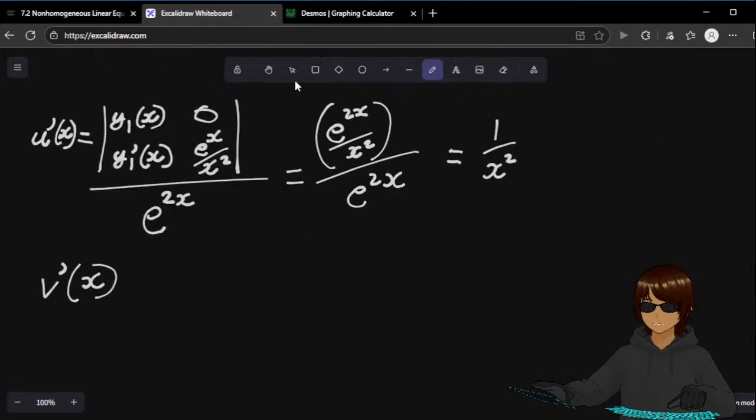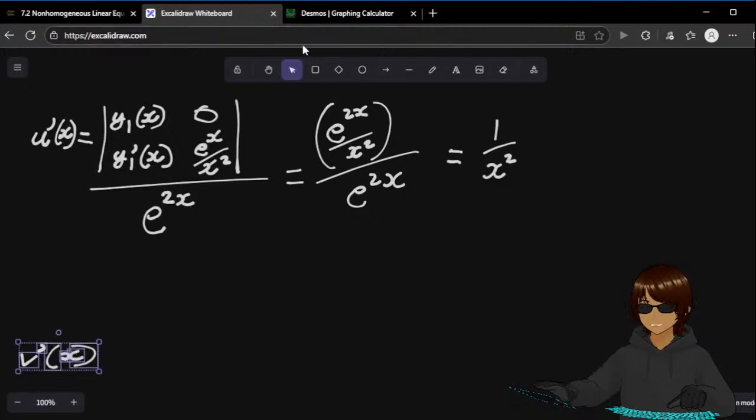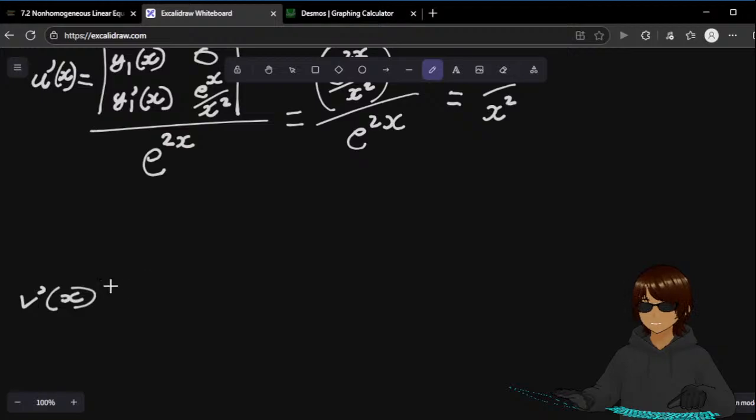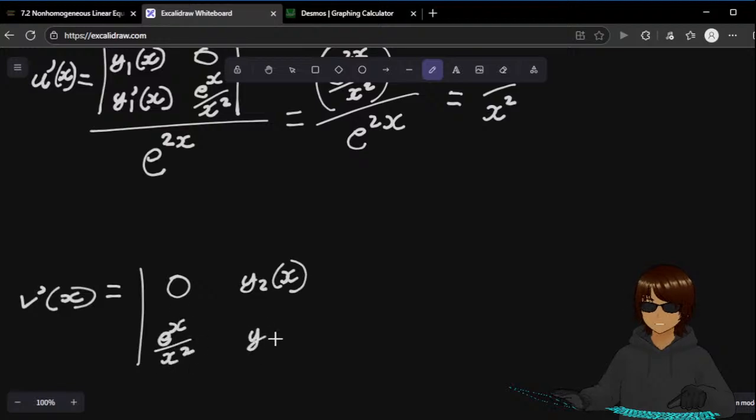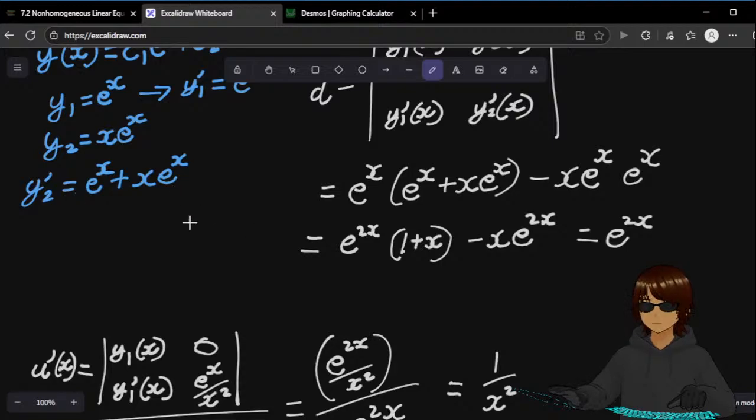Now for v, we have r1, y2, and then r2, v2. Is that right? I think that's right. This, which is 0, minus y2, which is, oh my god.